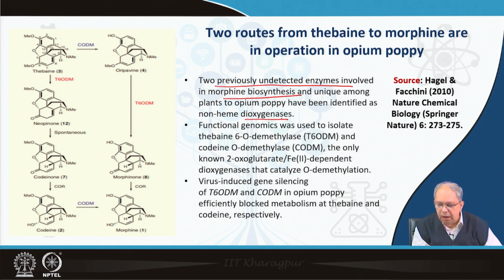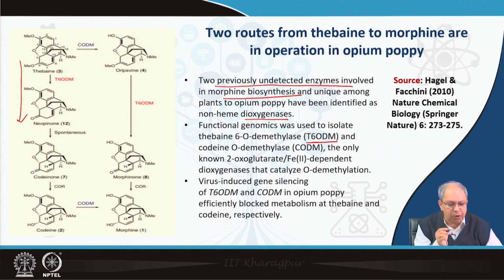So, these were identified as T6ODM, that is thebaine 6-O-demethylase, which converts thebaine to neopinone, and neopinone is unstable. So, it converts actually thebaine to codeinone. So, the reaction makes neopinone, but neopinone is unstable, it is immediately converted into codeinone.